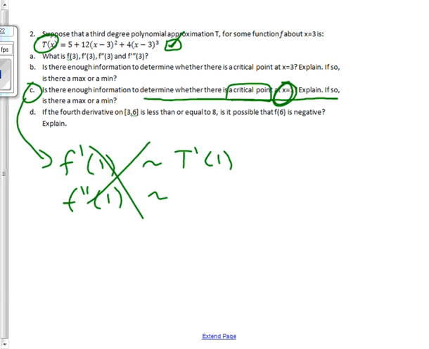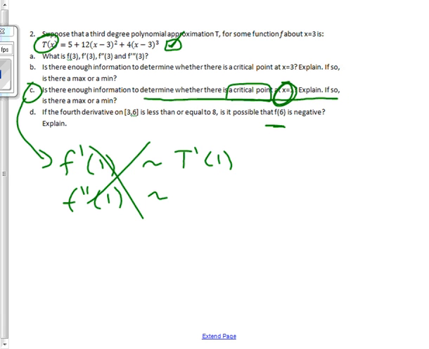Question D says, if the fourth derivative on 3 to 6 is less than or equal to 8, is it possible that f of 6 is negative? Explain. Well, what we could find is an approximation for f of 6.